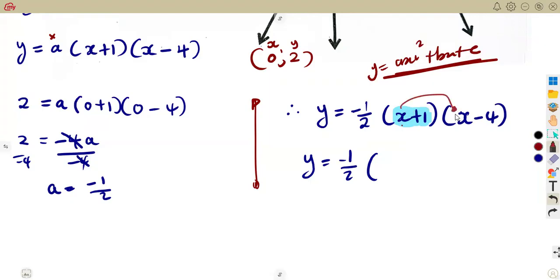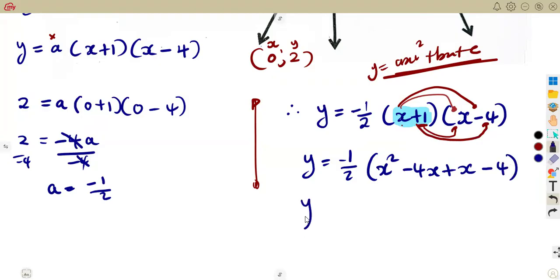So that's x times x, which is x squared, x times -4, that's -4x. Then we move on to this +1. That's +1 times x, which is +x, +1 and -4, that's a -4.